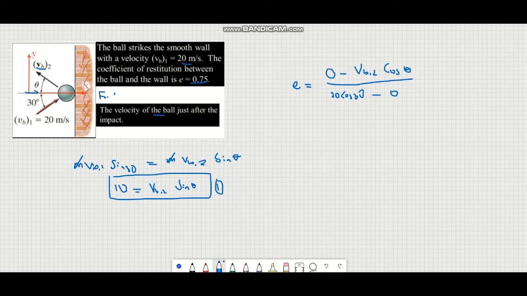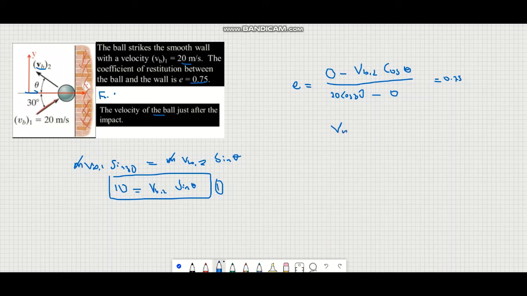So we can find it. We know that the coefficient of restitution is also 0.75. So we have again two unknowns, which is theta and VB2. Let's write it down.